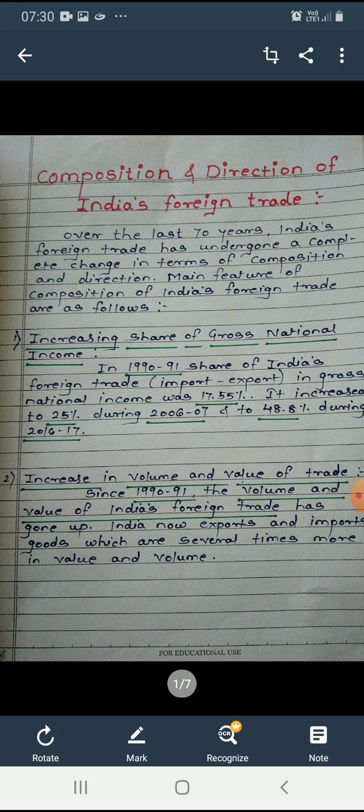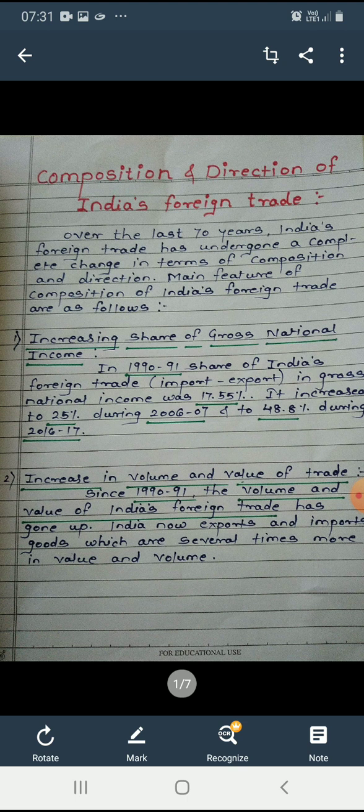Now, turn to the main features of composition of India's foreign trade. See the very first point, increasing share of gross national income. As we all know, India started some new economic policy or economic reforms in the year 1990-91.